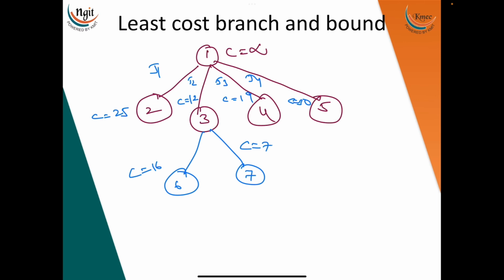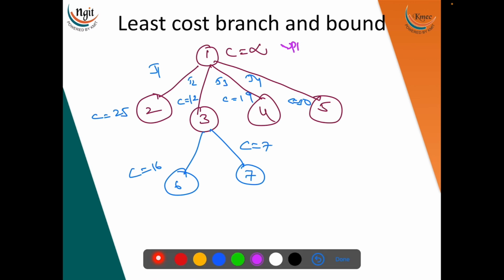Now we'll see least cost branch and bound. In the least cost branch and bound method, the state space tree starts with C equal to infinity, which means the upper value is infinity, and from node 1 we will expand all the other nodes.